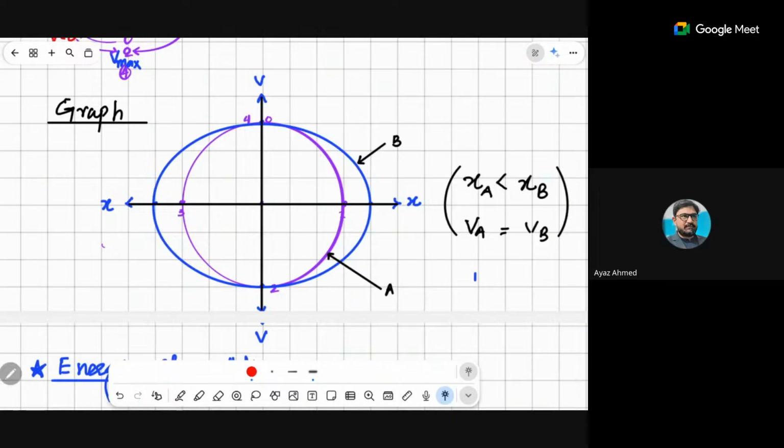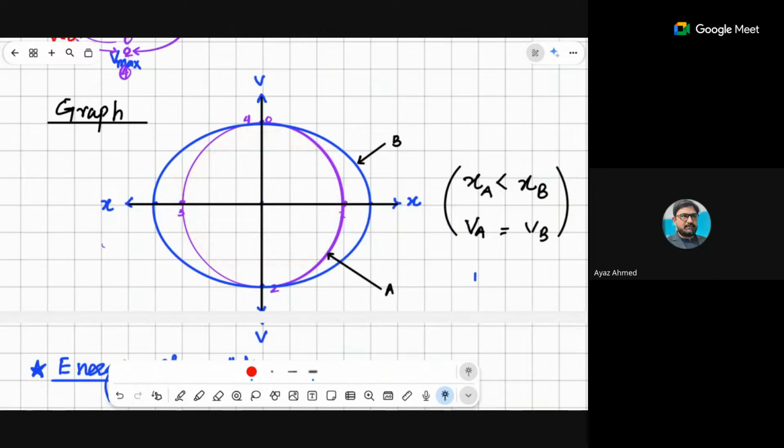That is why the purple graph will be inside the blue one. But the condition is if they have the same velocity. If the velocity is also less, the purple graph will be entirely inside the blue graph.